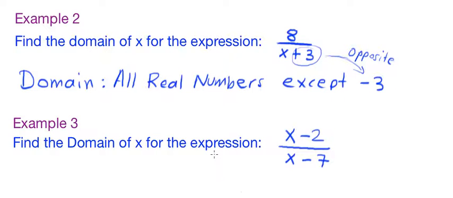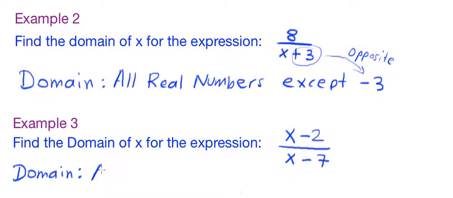Alright, let's take a look at this example number 3. Find the domain of x for the expression x minus 2 divided by x minus 7. Again, to find the domain, you have to figure out what are the values of x that will make the denominator 0, right? And you have to take that away from the set of all real numbers.